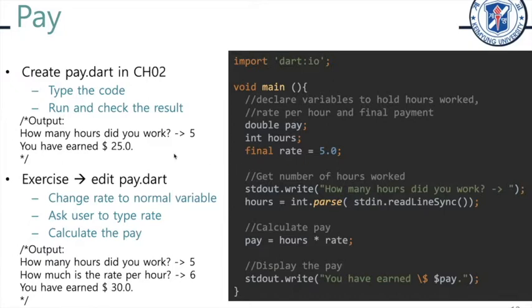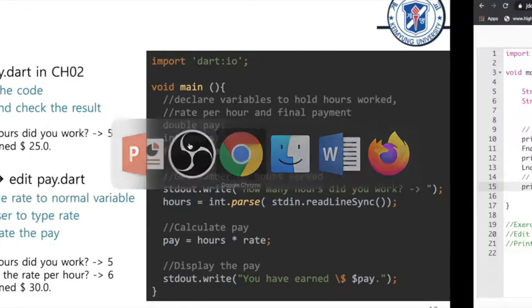Your program is supposed to run like this. It should say how many hours did you work, then you enter 5, and then it will say you have earned $25. But as I have told you, and maybe I will not repeat it after this because I don't want to sound like a broken radio, you can use JDoodle. That means you have to insert what you say in the stdin area.